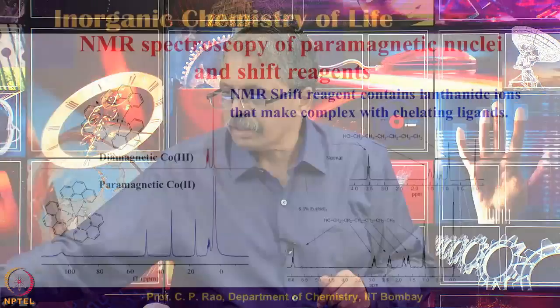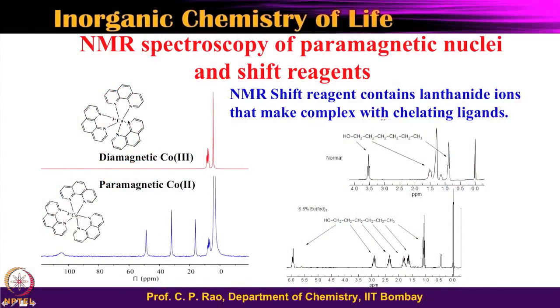Here we have taken one molecule, the phenanthroline complex of cobalt 3 plus, but the cobalt 3 plus here is d6 where all electrons are paired, and this is diamagnetic. In this diamagnetic system you have no shifts happening, and therefore you get the spectrum in a small region, 0 to 10 or 0 to 15. But instead of cobalt 3, you take cobalt 2.